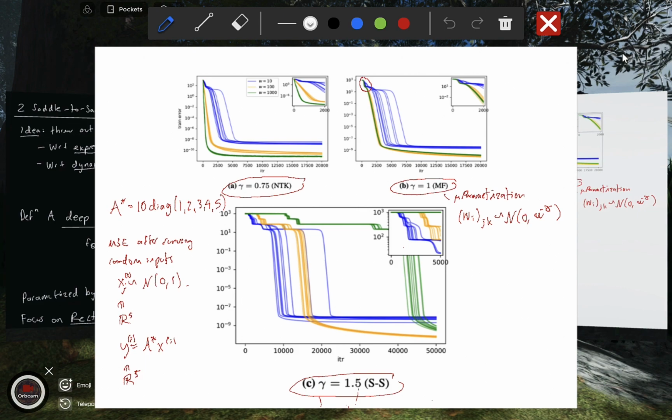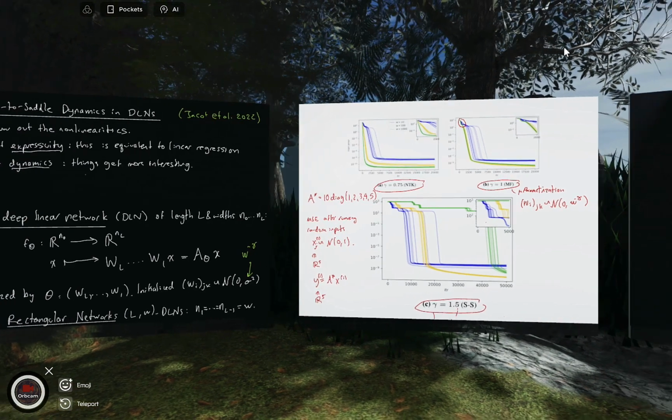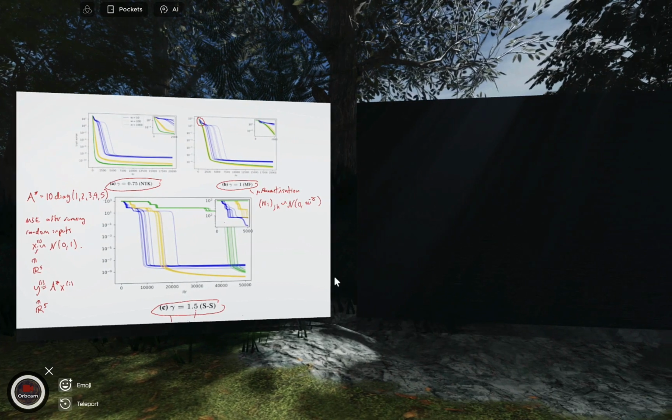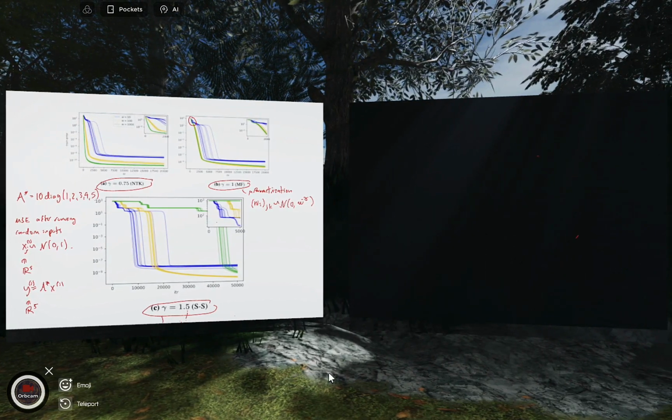In any case, let's move to the next board. We can try to draw a phase diagram of what's going on here. I'll draw a box. On the x-axis, we'll plot gamma, and on the y-axis, we'll plot W. This is going to be 1.